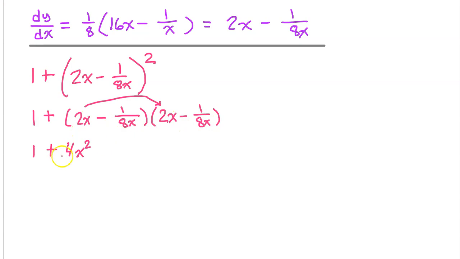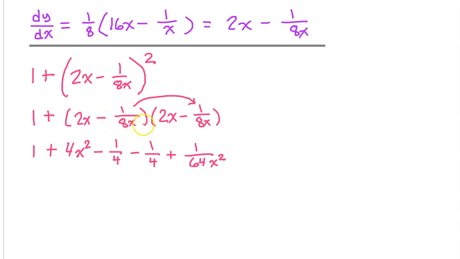2x times 2x is 4x squared. 2x times negative 1 over 8x is negative 2x over 8x, which simplifies to negative 1/4. Negative 1 over 8x times 2x is the same exact thing we just did, so we get negative 1/4 again.